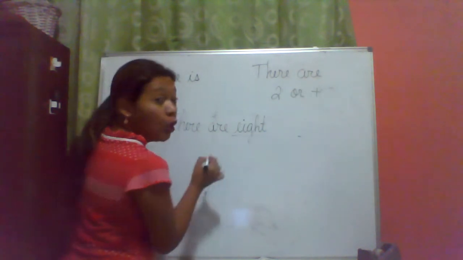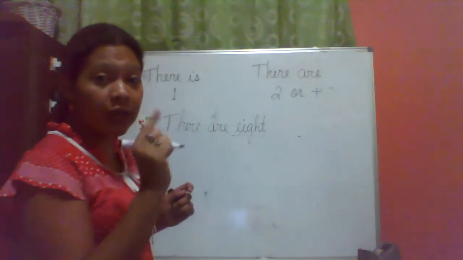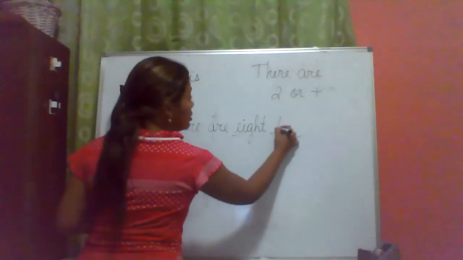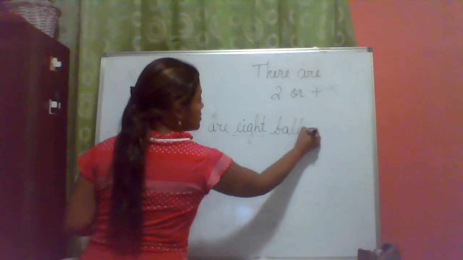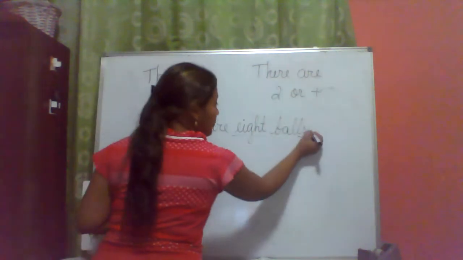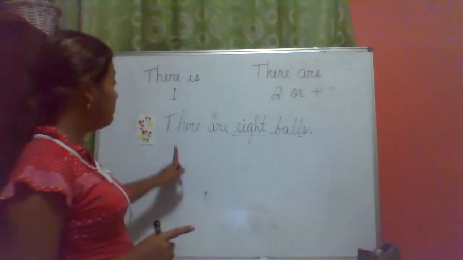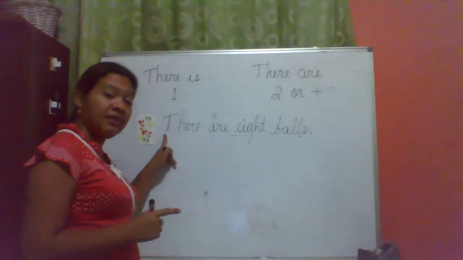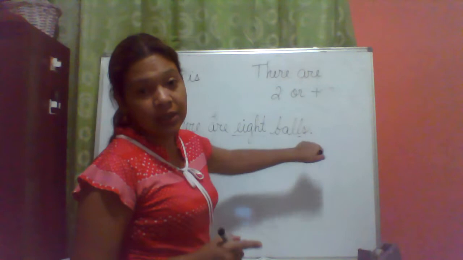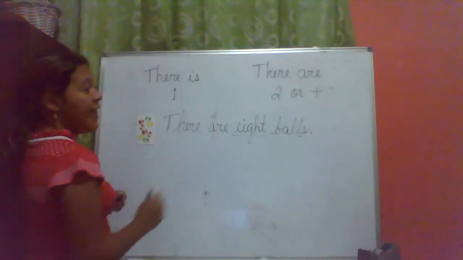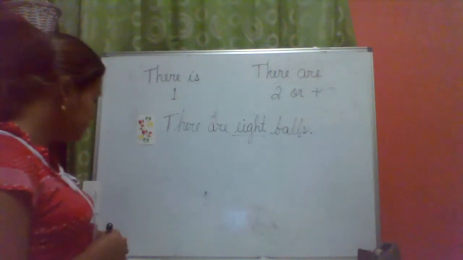We write the word, not a number. 8 balls. And at the end, we put the period. It's important to remember capital letter at the beginning and period at the end. Okay? There are 8 balls.